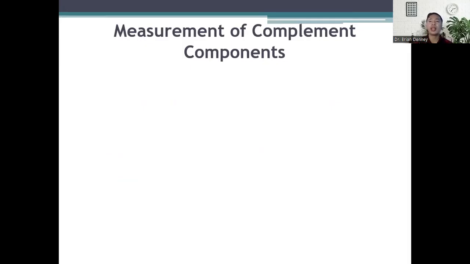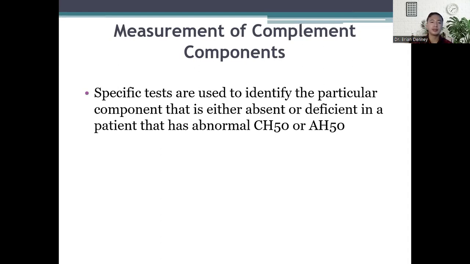After step 1, we can now do step 2. So if either the AH50 or CH50 is abnormal, we can now determine which specific complement protein is deficient within each pathway. This can be done by either 3 or 2 methods.